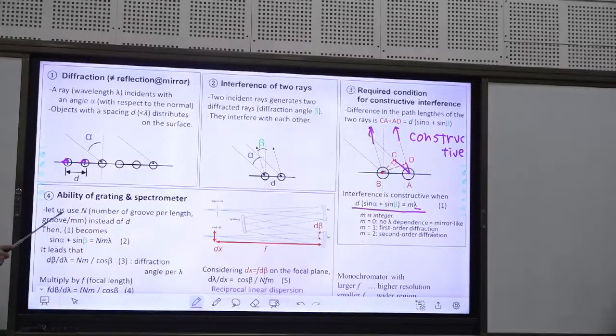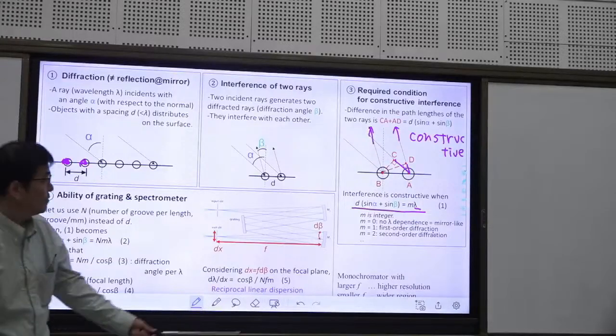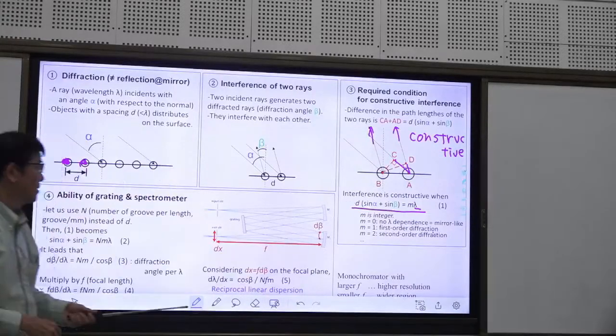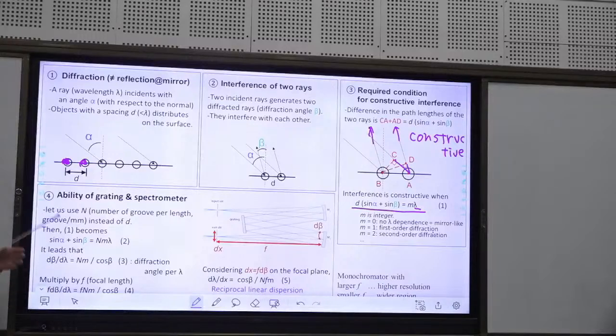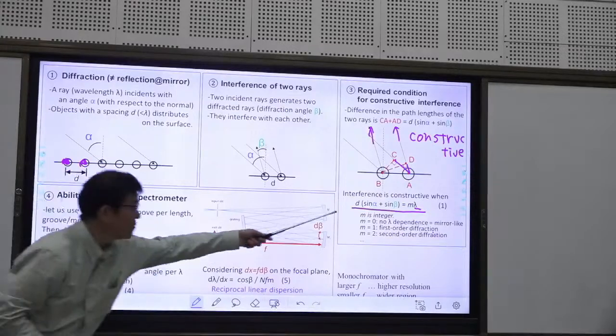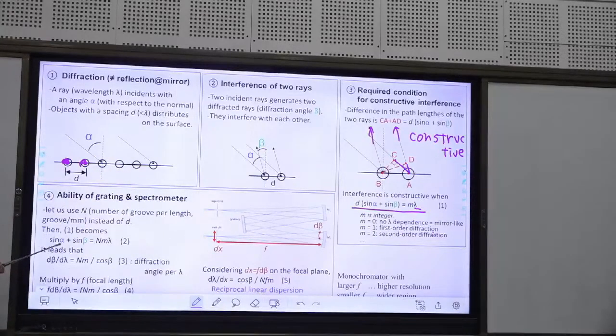But let's use its inverse n, the number of structures per millimeter. Then n is the inverse of d, so equation 1 becomes sine alpha plus sine beta is equal to nmλ. D is replaced by n.